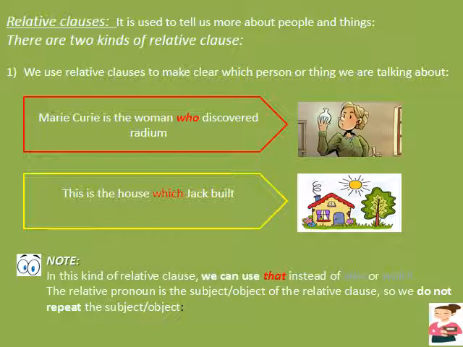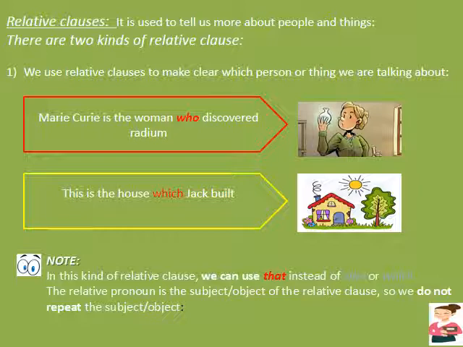Relative clauses are used to tell us more information about people and things. We have two kinds of relative clause. First, you use this to make clear which person or thing we are talking about. You can see in this presentation two sentences. The first shows us that Marie Curie is the woman who discovered radium.